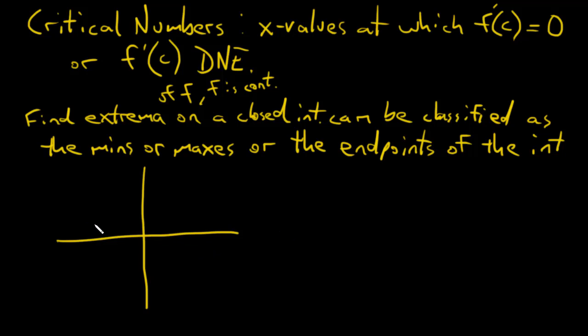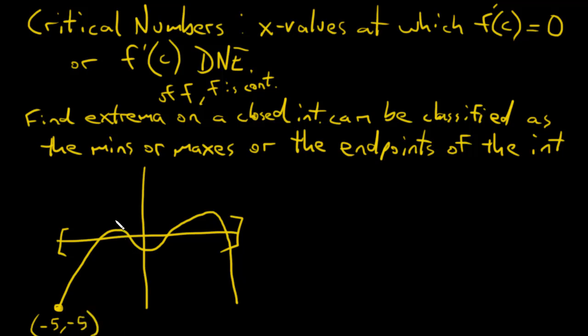So let's say I have a function in some interval, and the function looks like, oh, I don't know, something like that. Okay. And I have no idea what these values are, but we'll say this one's -5, maybe this is -2, 1/2.